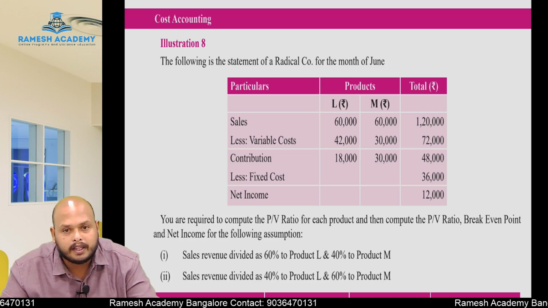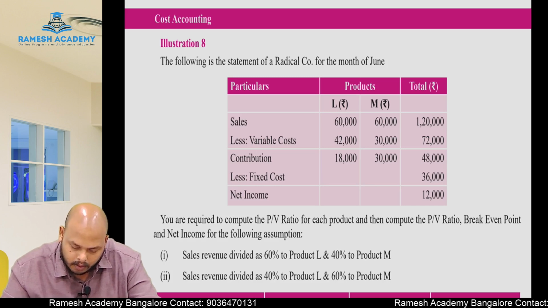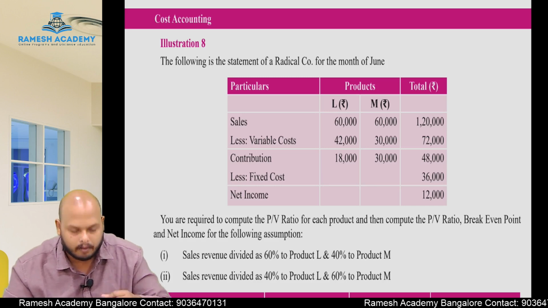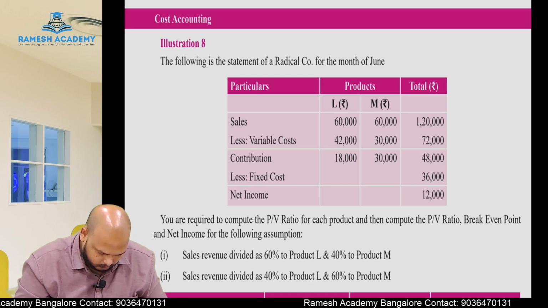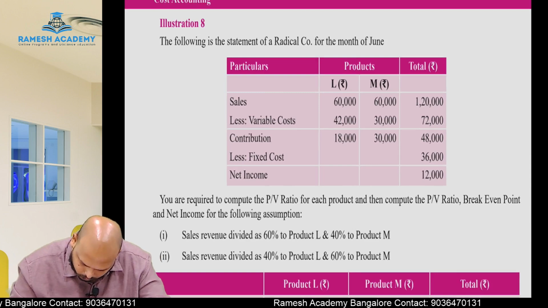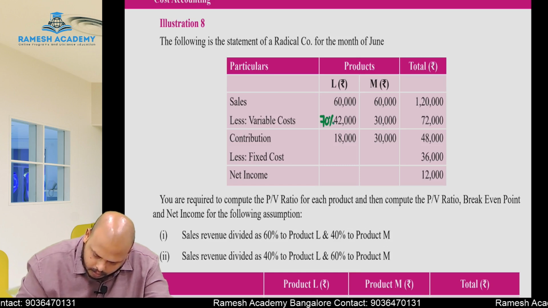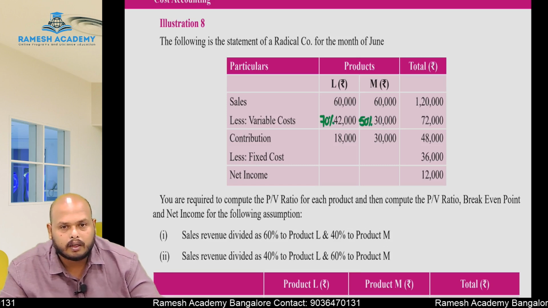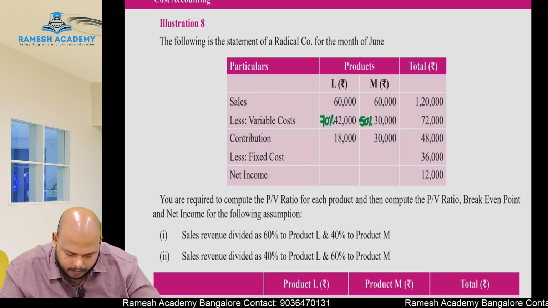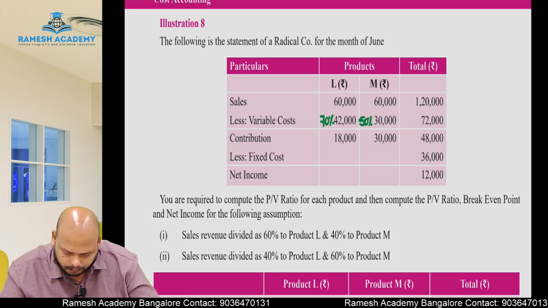Variable cost, how much did they give? 42,000, 30,000. That is 72,000. So what is the percentage on sales of variable cost? 42 divided by 60 into 100, product L is 70%. 30 by 60, 50%. So variable cost is 70% on sales for L, and M is 50% on sales.